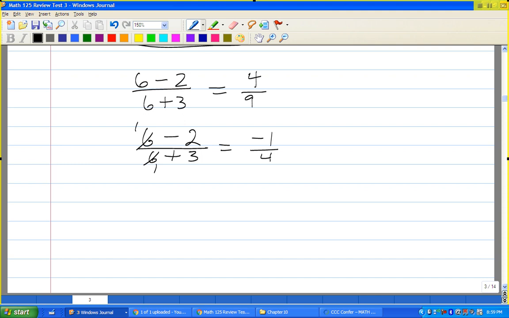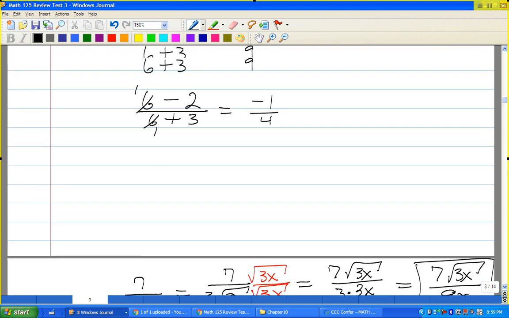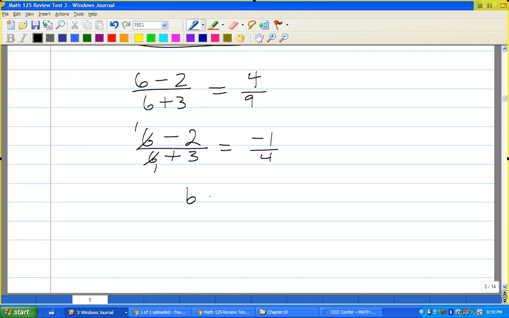So the problem is that you have here B minus rad BW over B minus W. Just like the 6's here, even though they are the same, since you're not able to factor it out, you can't cancel this.